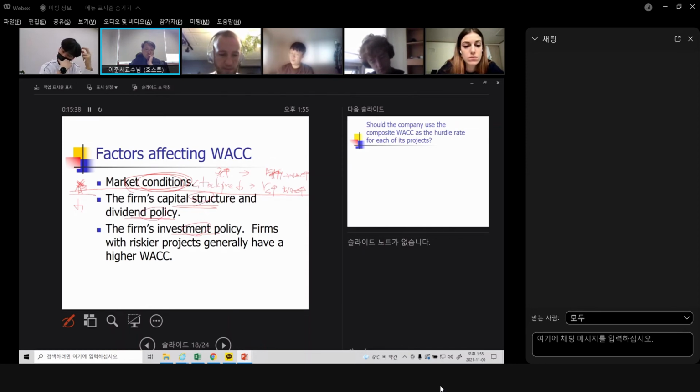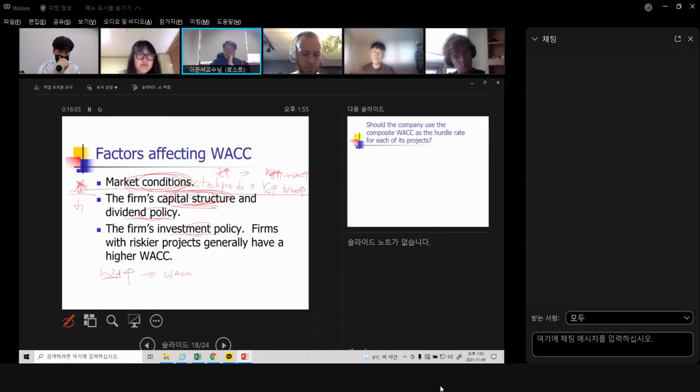For example, capital structure. If the weight to raise funds by using debt is increased, WD is increased, then what happens in terms of WACC?